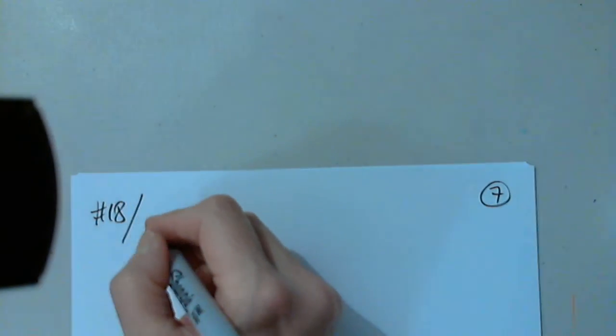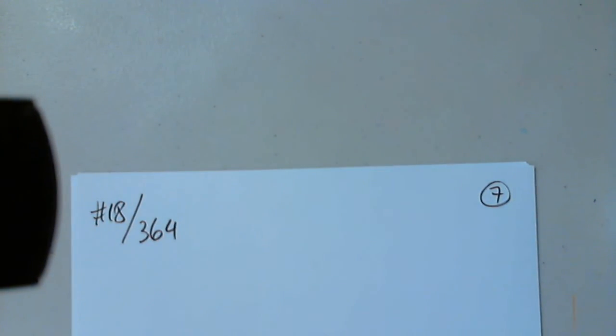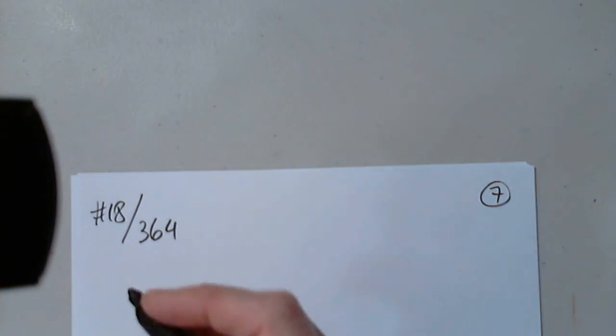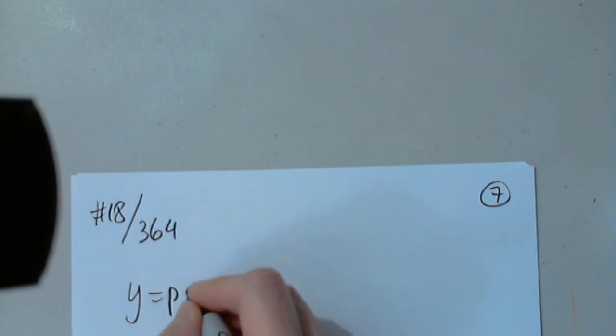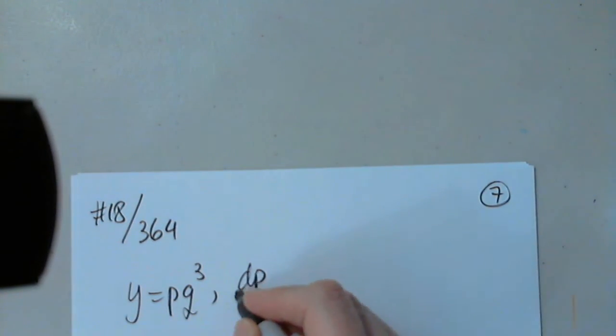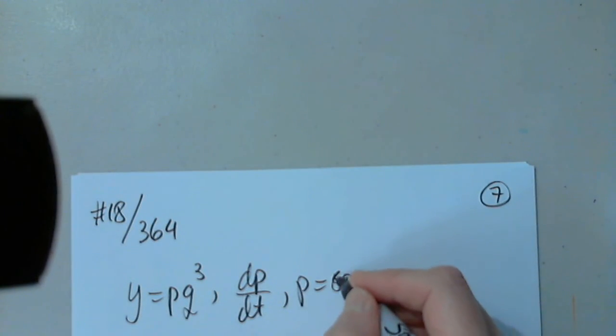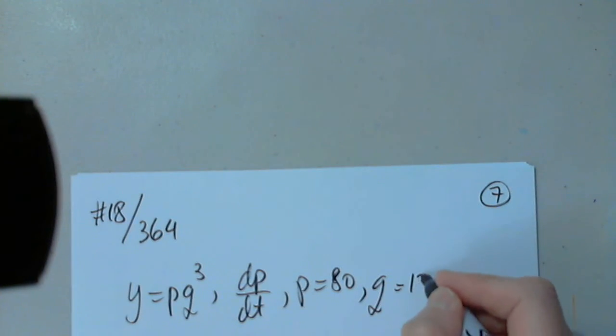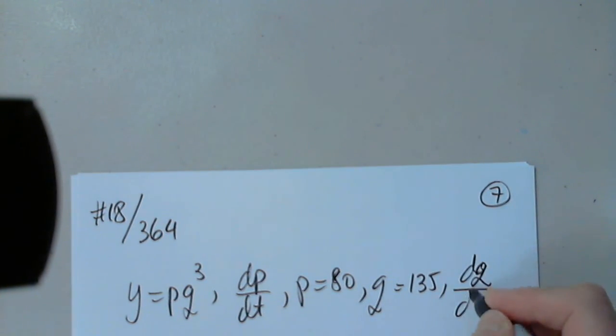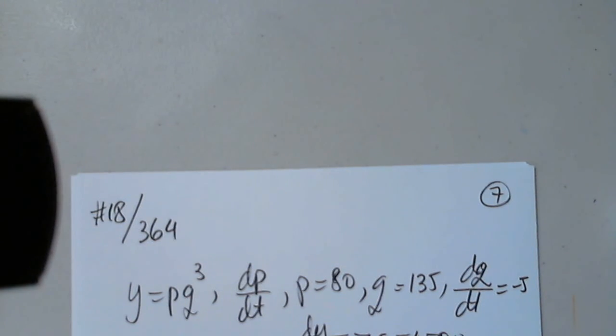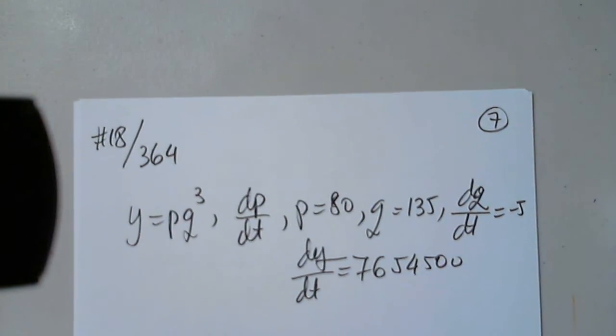Keep an eye on what I copied. It's not your fault. It's only mine. So let me put the cursor here. Okay, y equals p q to the third. Find dp over dt when p equals 80, q equals 135, dq over dt equals -5, and the last one, dy over dt equals 7,654,500. Awesome. I'm assuming I copied everything correctly. I hope you kept an eye on what I did.